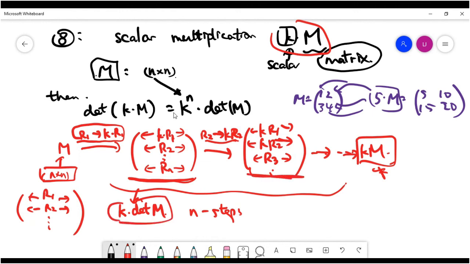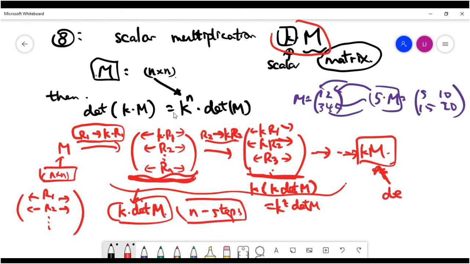And the next matrix has determinant k times the determinant of the last matrix, which is k times determinant M, so it's k squared times determinant M. Obviously, because you are doing it n steps, due to the fact that M has n rows, the last one must have determinant k to the power n times the determinant of the original matrix M, right?